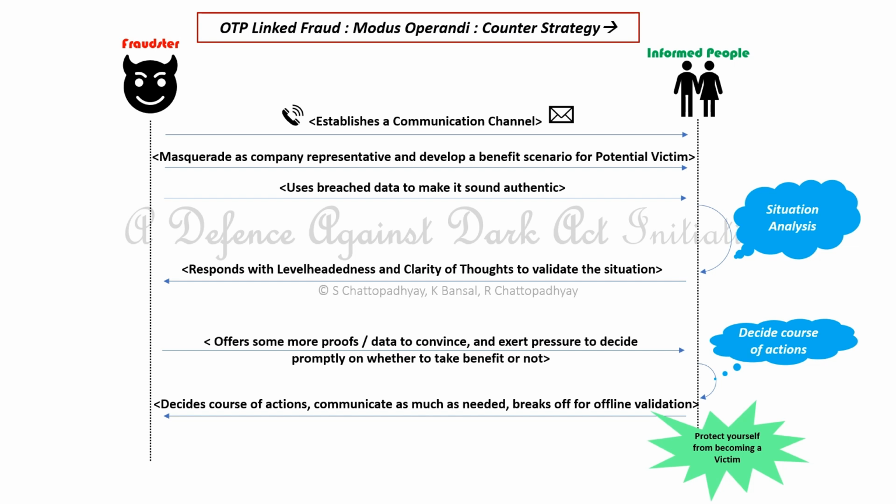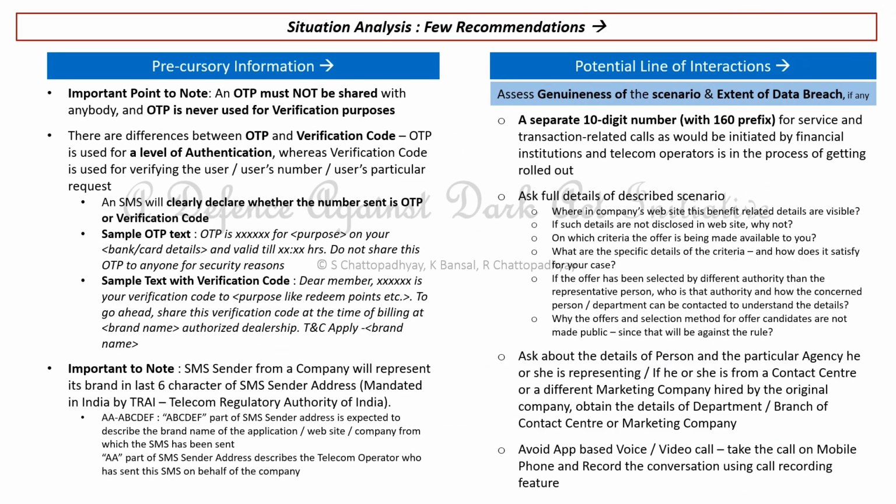Now let's take a deeper look at some of these approaches for carrying out the situation analysis and the due diligence on deciding the next course of action. So here is some precursor information that could help you in carrying out a situation analysis.